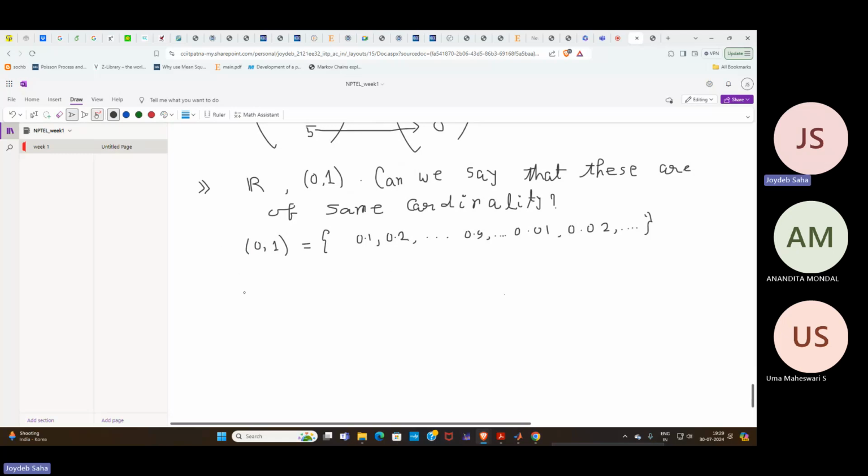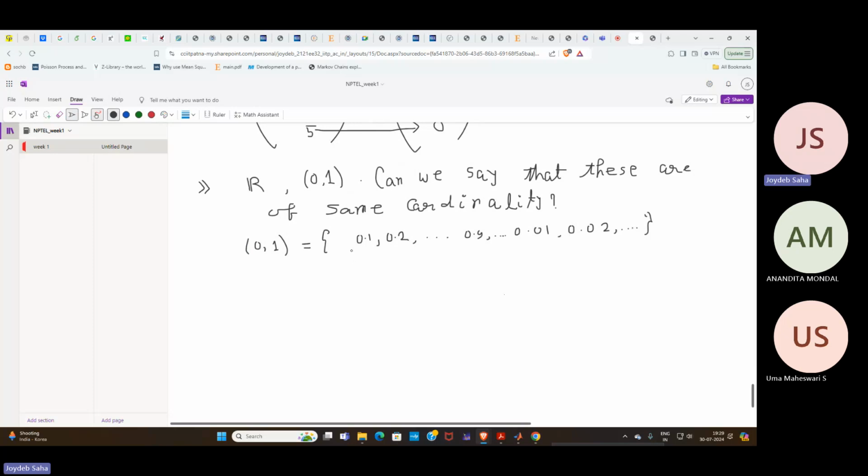So can we map all the elements from 0 to 1 to some element of R? Yes.